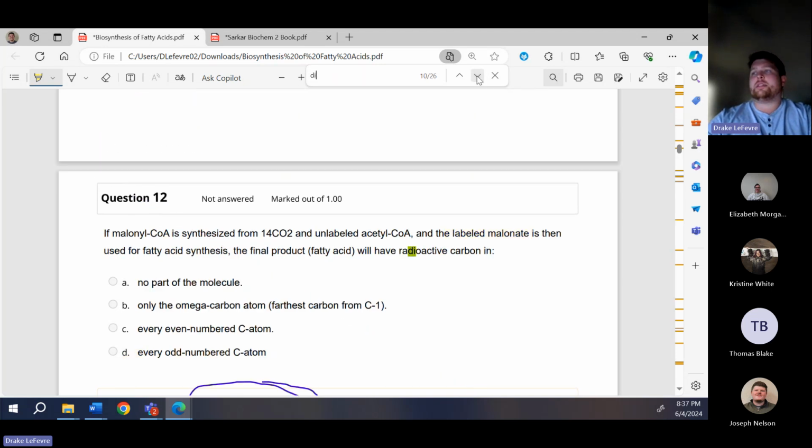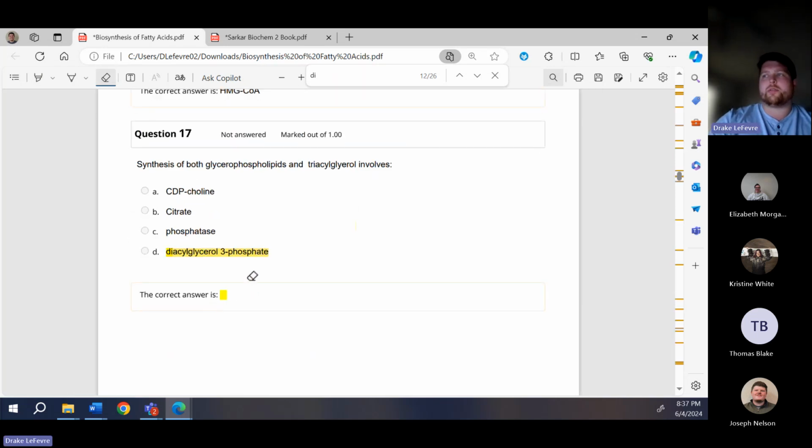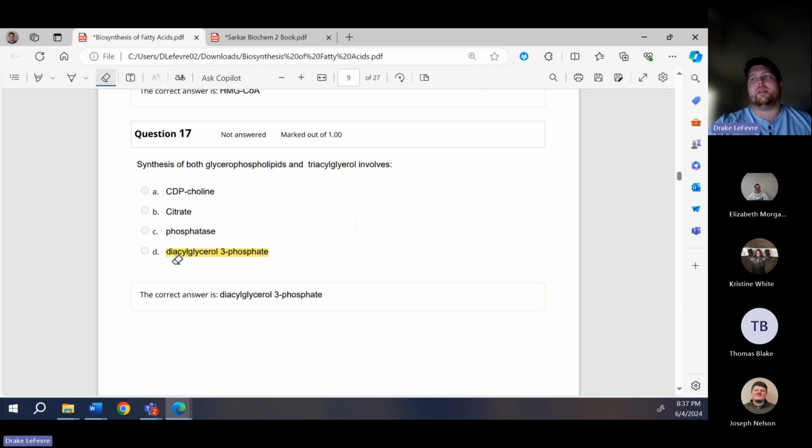It's kind of like aspartic acid versus aspartate, it's saying the same thing, just a different way to say it. So diacylglycerol 3-phosphate is not exactly the same thing, but just another step in that process of the CDP-diacylglycerol.